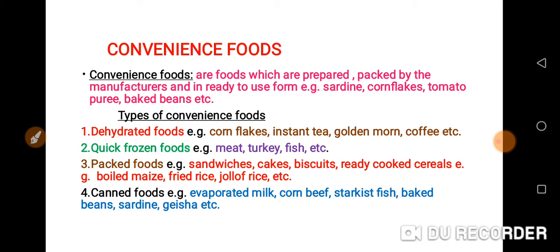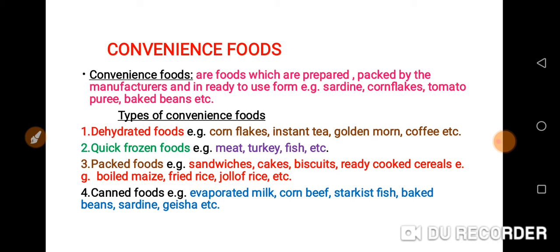This type of food needs no preparation. For example, sardine, cornflakes, tomato puree, baked beans, Golden Morn, etc.